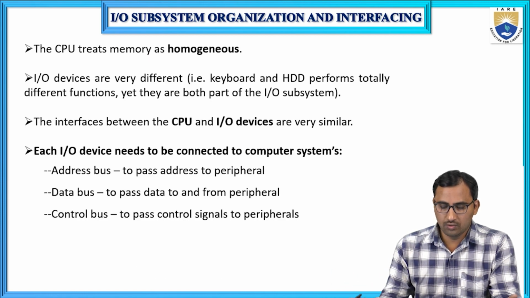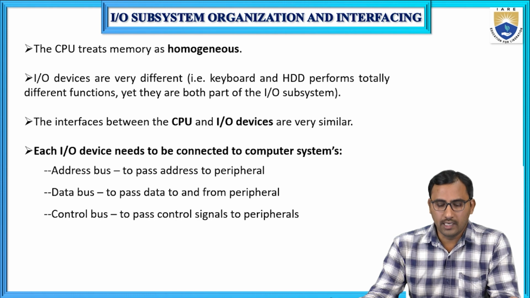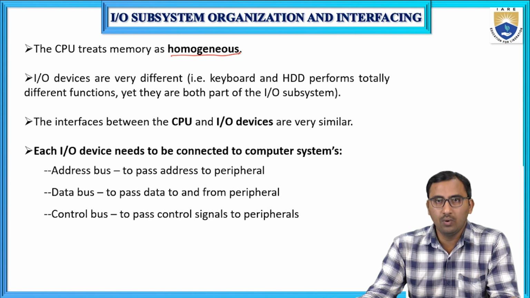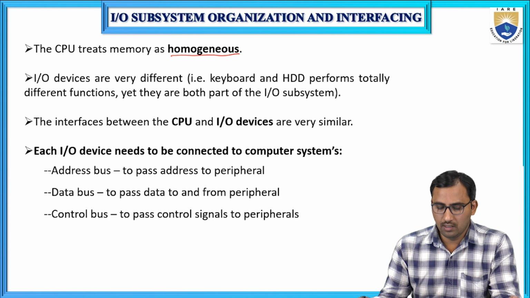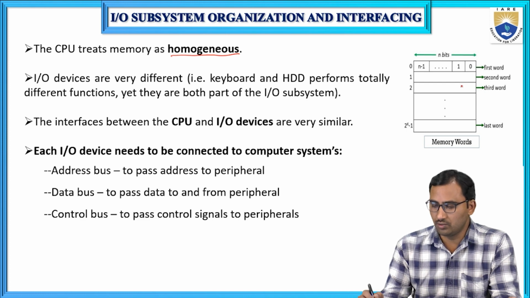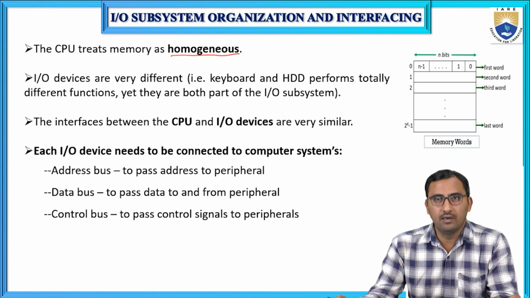Here the CPU treats the memory as homogeneous. If you look into the memory, it consists of multiple memory locations. Every memory location is identified with an address.